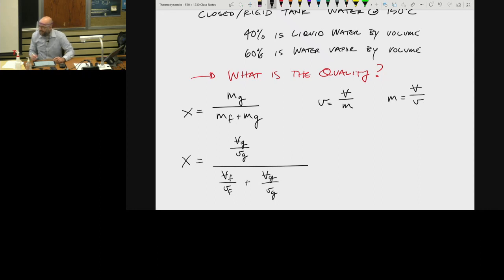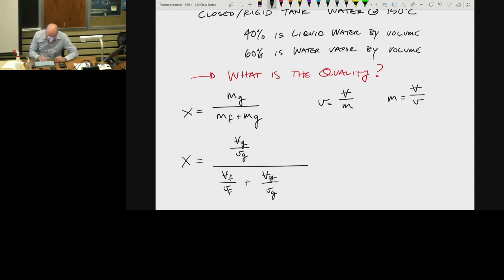We haven't done anything except expand what these things are here. Now, we can work from this equation and be able to find out what we need to find, but there's a simpler version of this equation that I'm going to algebraically create. But again, you could solve from here what quality is.